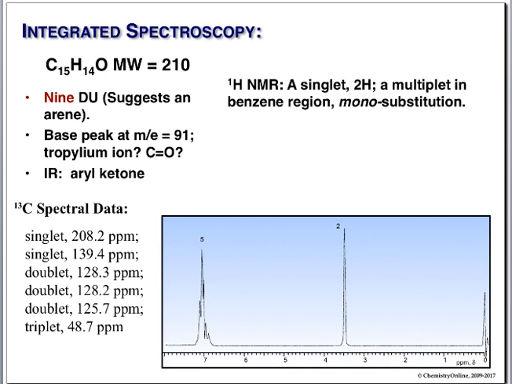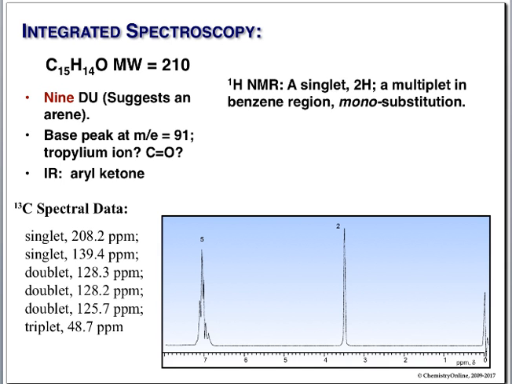Now look at your C13 NMR. Singlet at 208, what does that tell you? Well, it's all the way up at the top. It's a ketone carbonyl, isn't it? We already knew that from the IR.